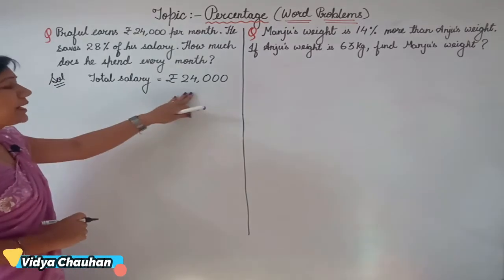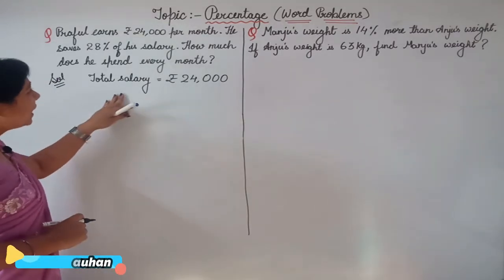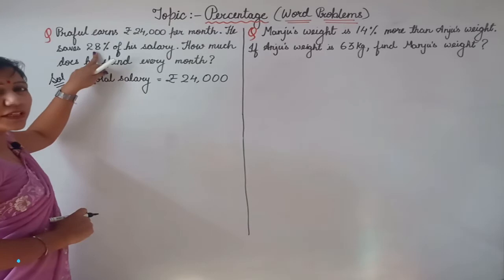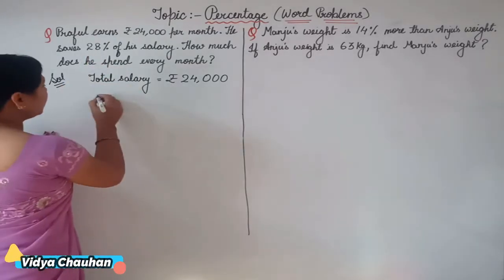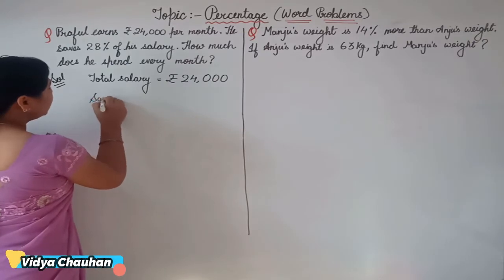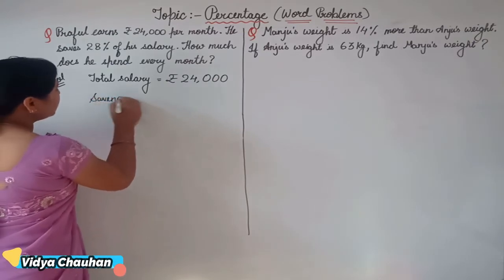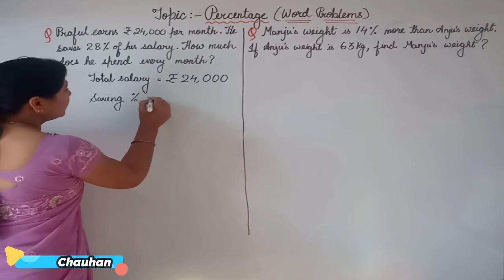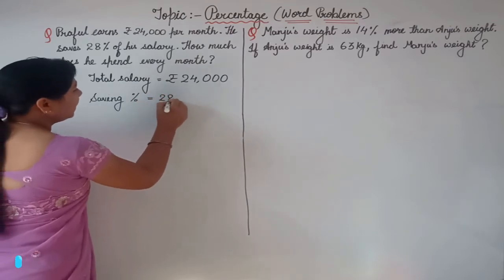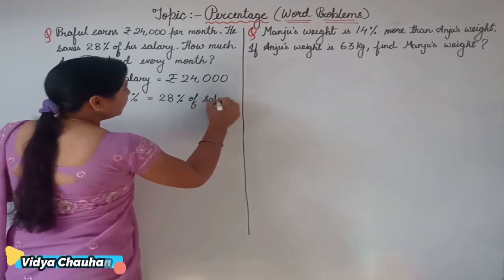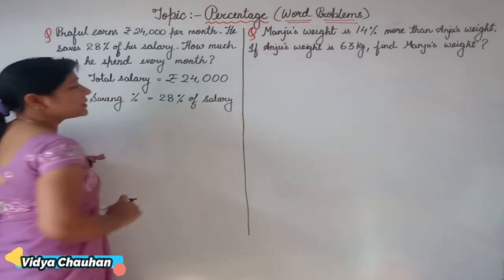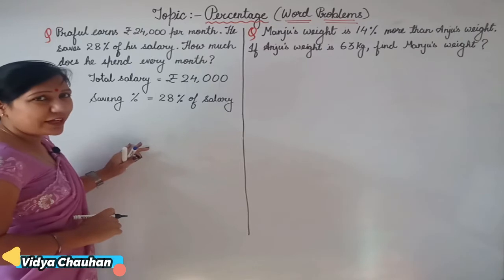After that, how much he saves? He saves 28% of his salary. So I can say that saving percentage, what percent he saves every month, 28% of salary. He is saving 28% of the salary every month.